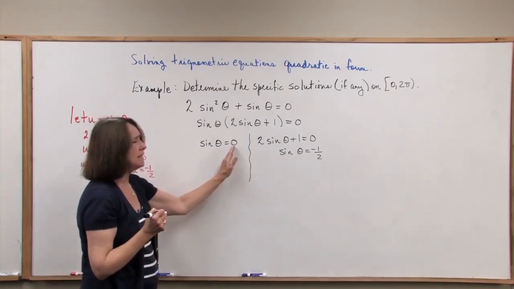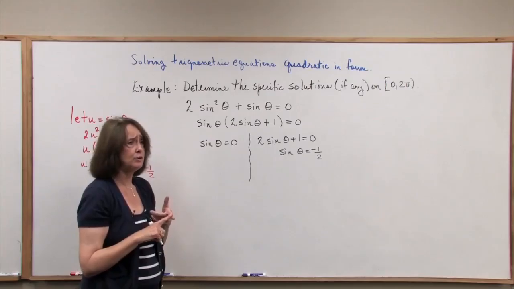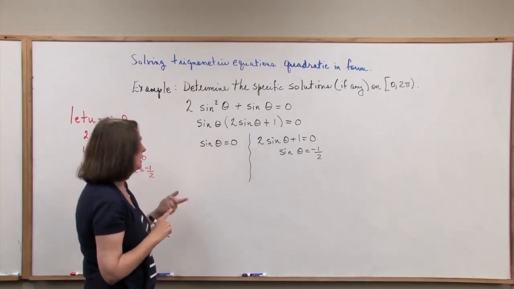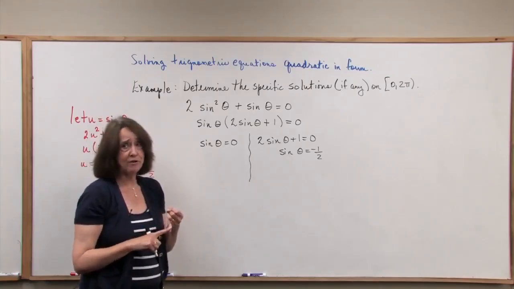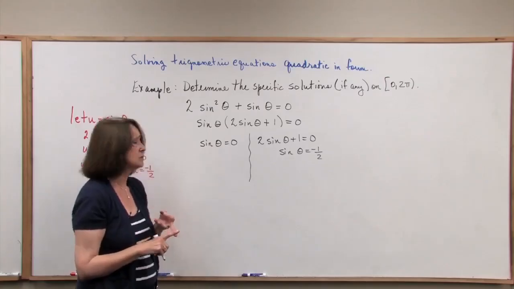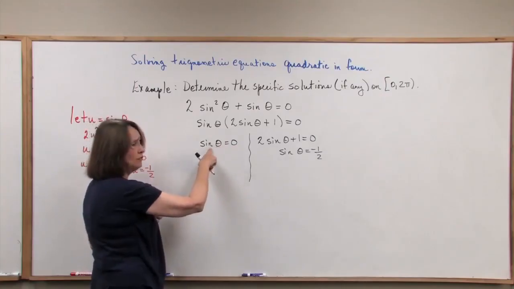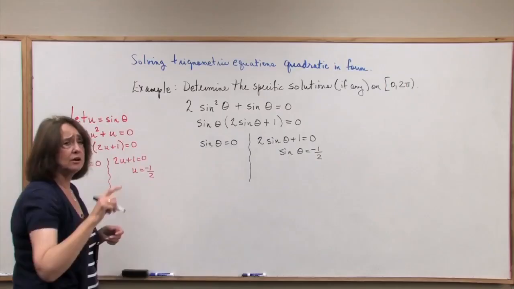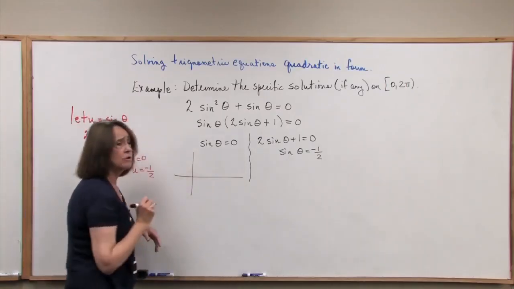Sine of theta equals 0. Now, that's not going to produce, if we were looking for a reference angle, pi over 3, pi over 4, or pi over 6 special angles. Because if the ratio for the sine function is the opposite over the hypotenuse, that will not form a triangle.